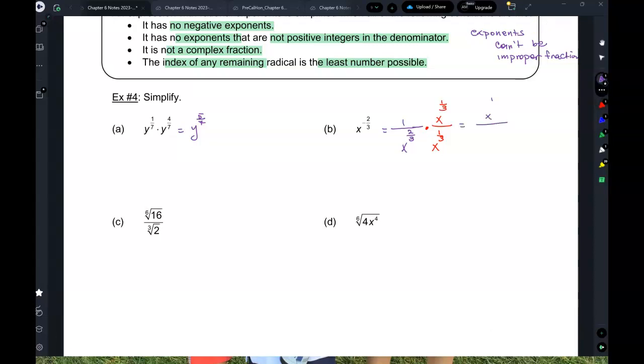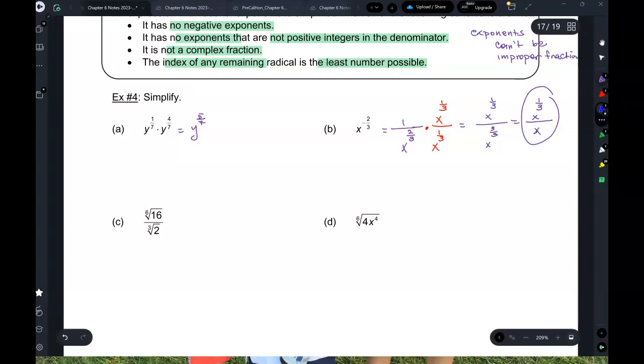So I get x to the 1 over 3 over x. This exponent here is a proper fraction, that's cool. This exponent here is an integer, that's cool. No negative exponents. We're good to go. This step here, I just put it there to show you what we did. You can skip it and go from all this to this.